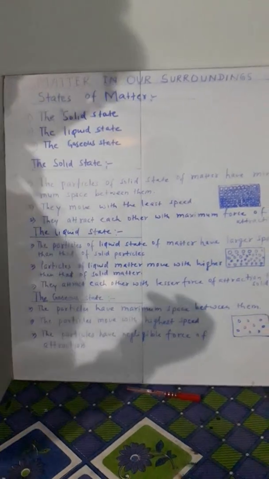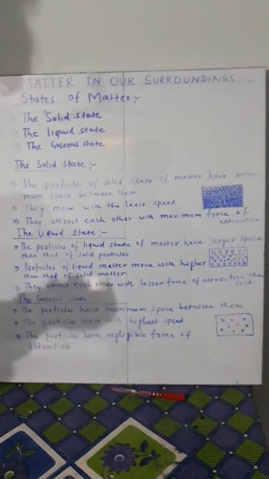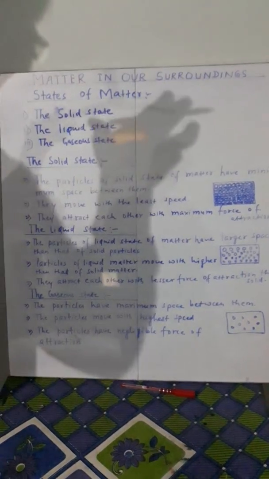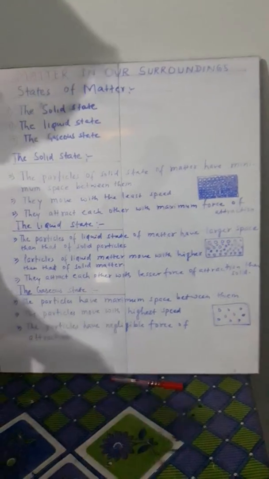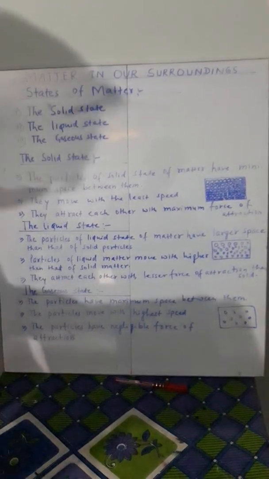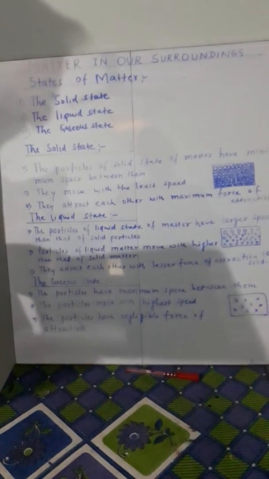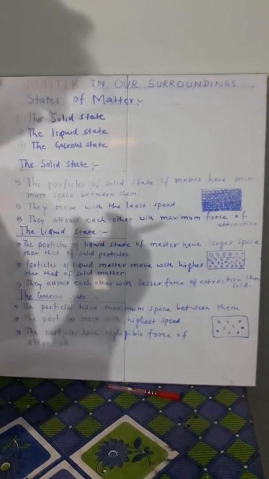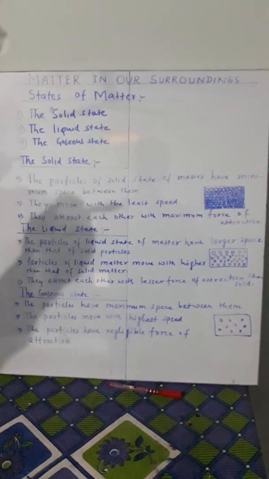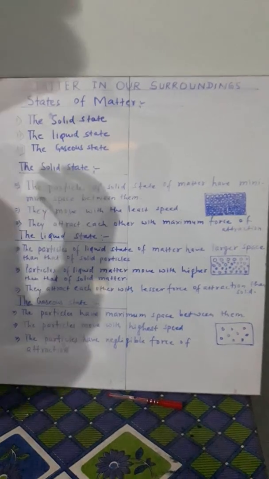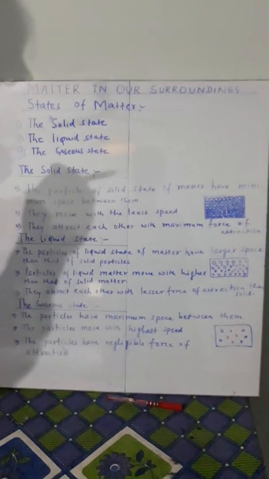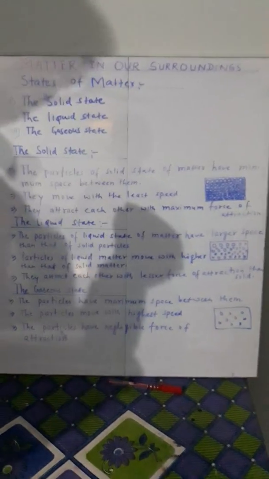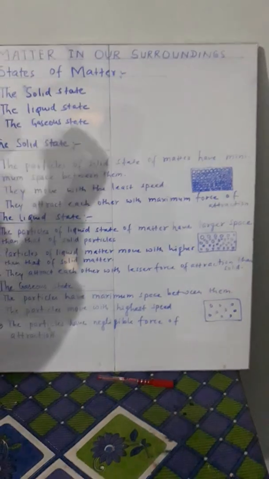Suppose a pen or a pencil is there, it will remain the same until and unless a force is applied from outside on them. Next one: are they capable of diffusing into each other? No. Solid materials are not capable of diffusing into each other. There are very slight possibilities in some cases, but generally solid materials are not able to diffuse into each other.